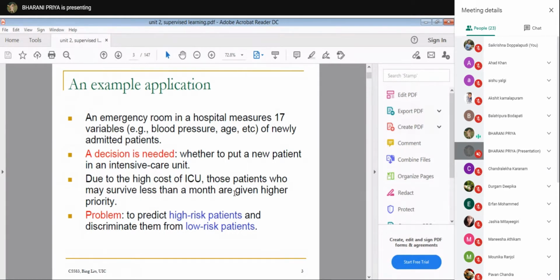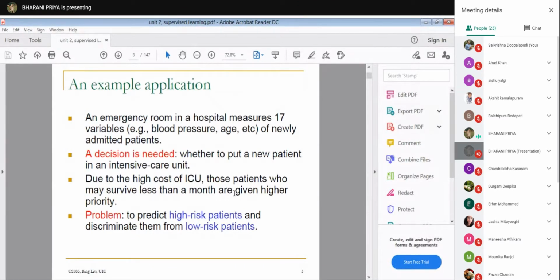Based on the attribute values, that is temperature, breathing, pulse rate, you decide whether the person is critical or not.